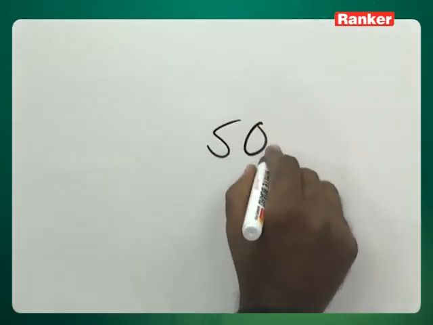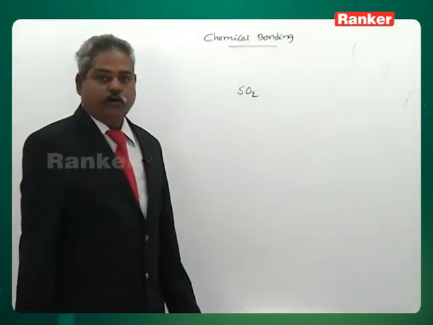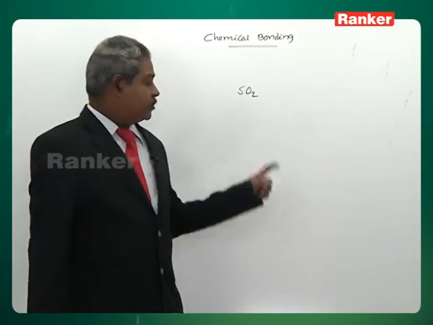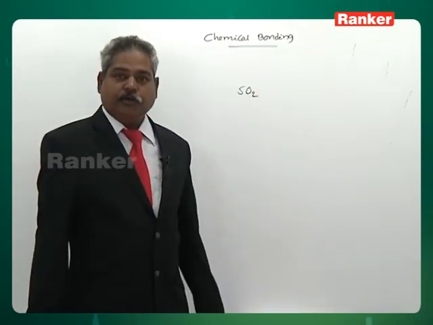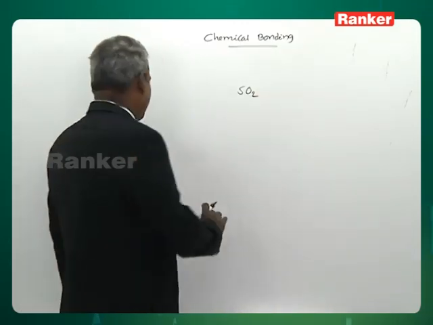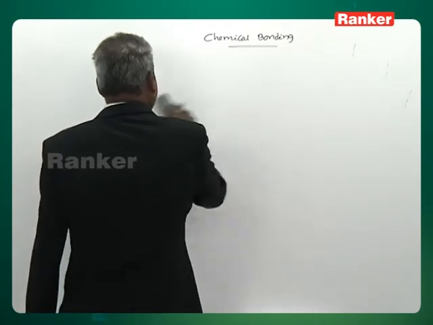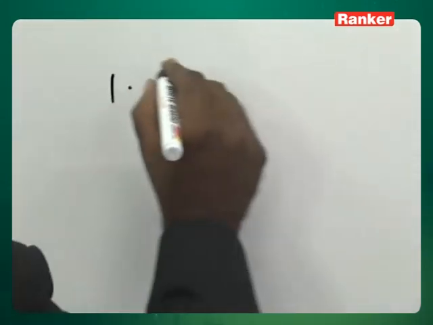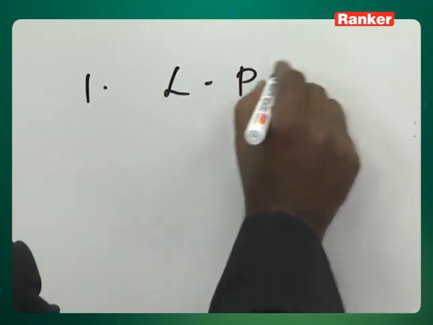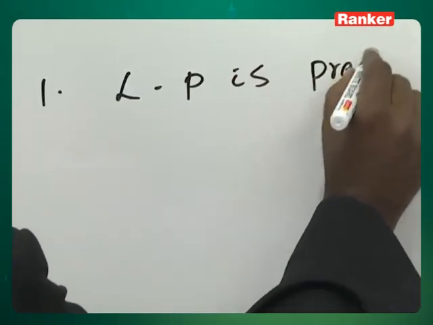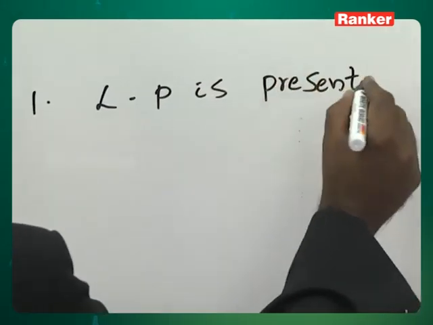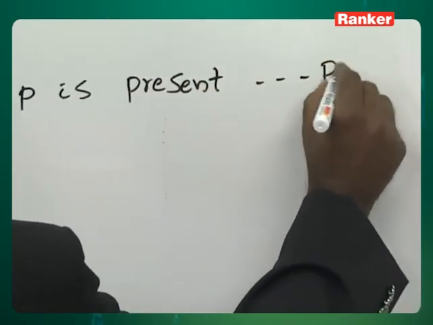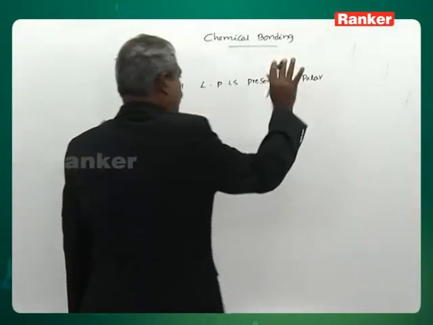SO2, is it polar or not? How do we know whether the bonds are equally distributed or unequally distributed? There is a simple way to find out. If a lone pair is present in a molecule, then that is polar.